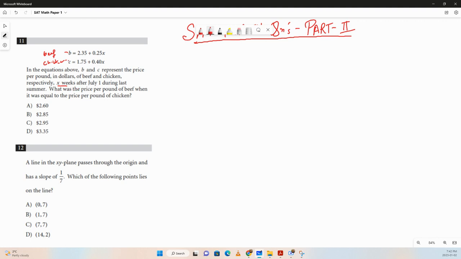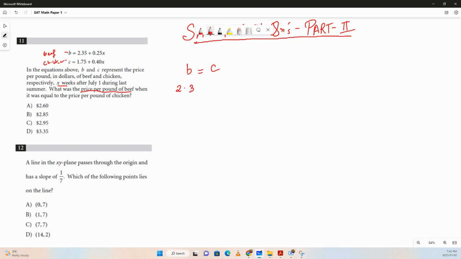So we got all the information that we were looking for. What was the price per pound of beef when it was equal to the price per pound of chicken? So we are asked to find the price per pound of beef when it was equal to the price per pound of chicken. So basically this B and C, the price per pound of beef is equal to the price per pound of chicken. So we'll equate them.